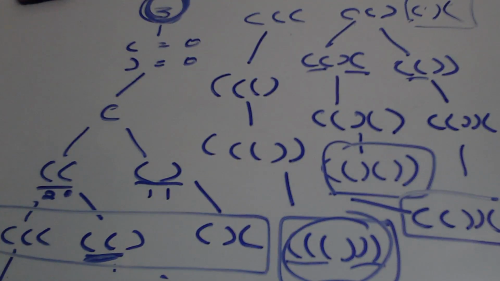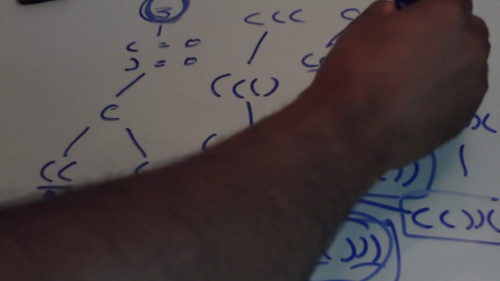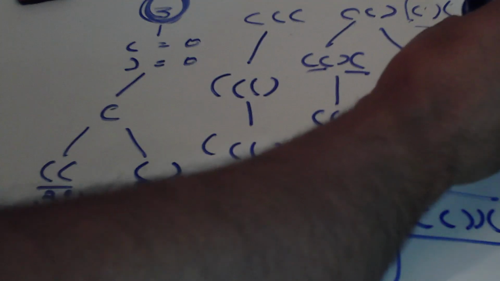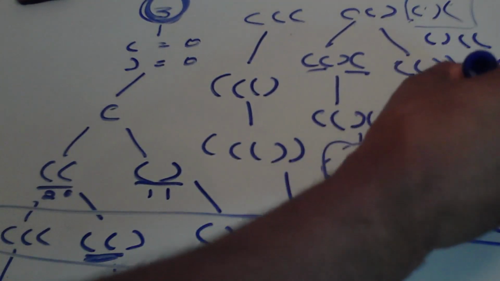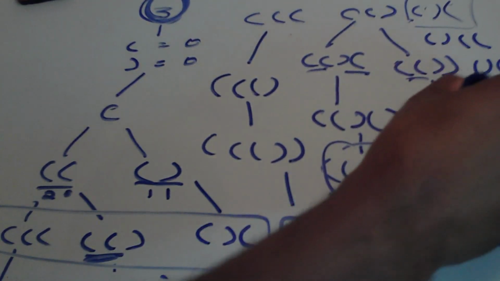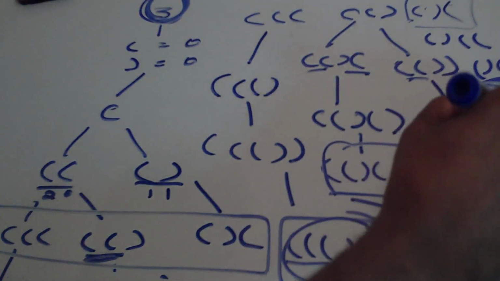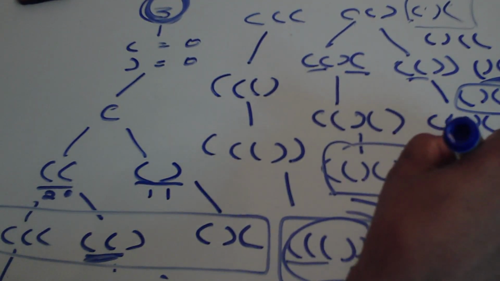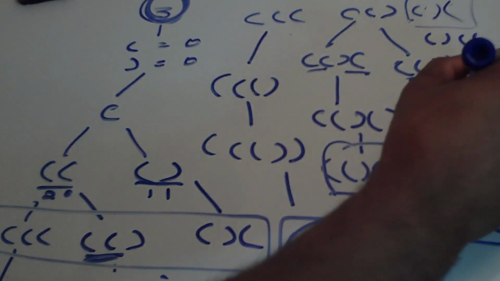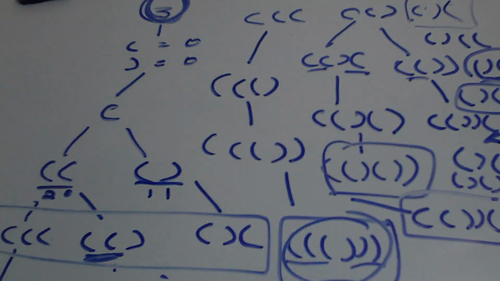Now the only thing remaining is this one to solve. We can solve that as well, and it will end with this, this, and this one, and the last one we can add with 3 opening and closing.